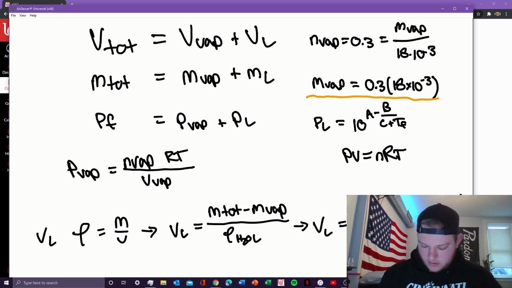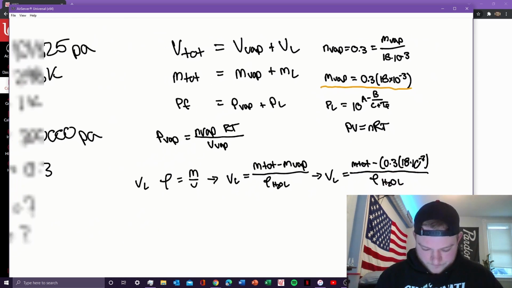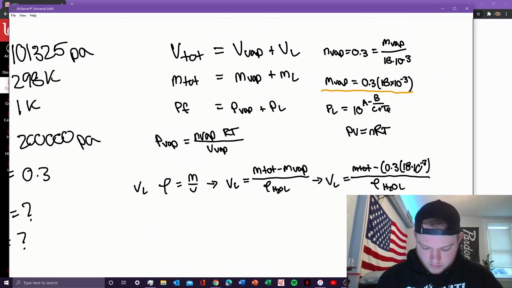So 10 to the negative 3 over the density of liquid water. Okay, perfect. Now we have an equation relating the volume of liquid to the density, and that is good. So now, some equations still need relating.